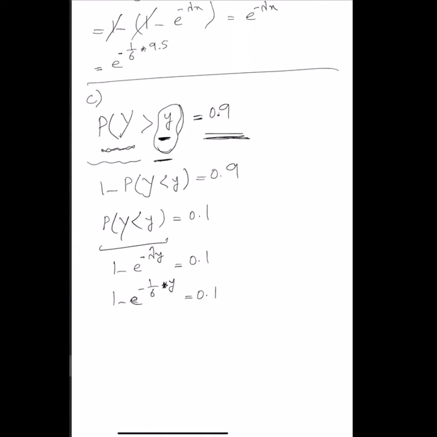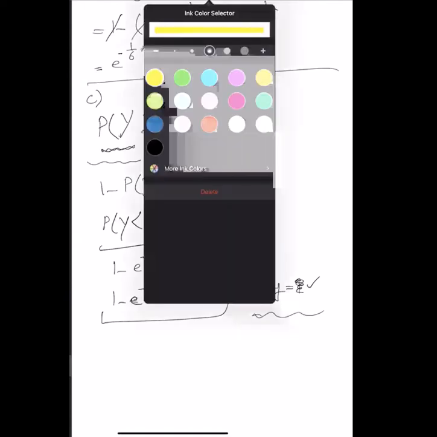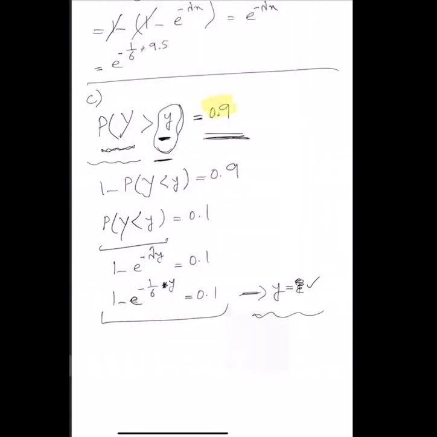We can just solve this and find the value of y, such that 90% of the time, the time till next change exceeds this value, whatever lowercase y is.